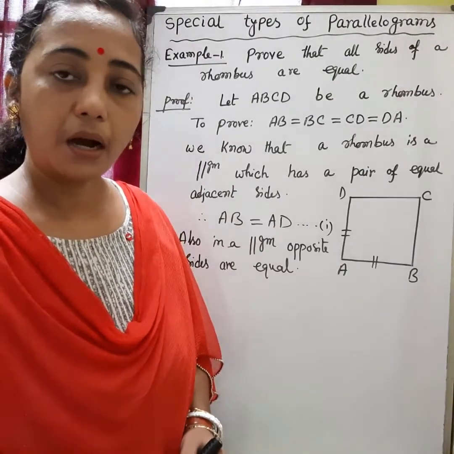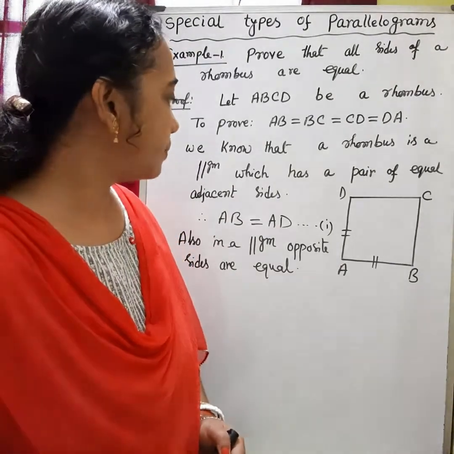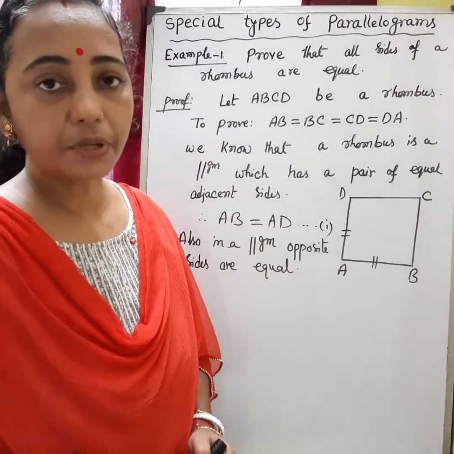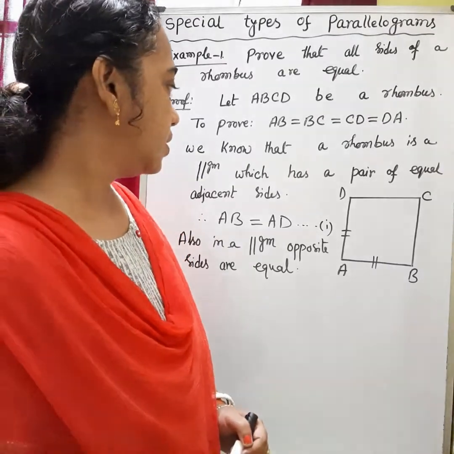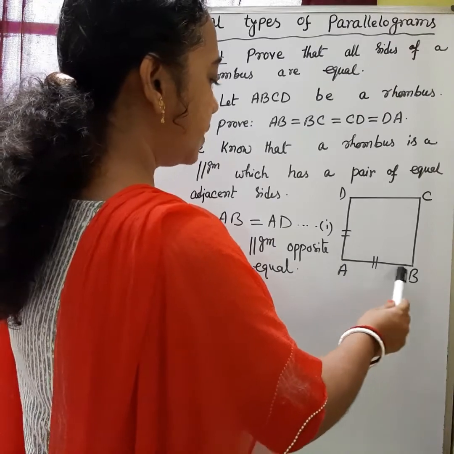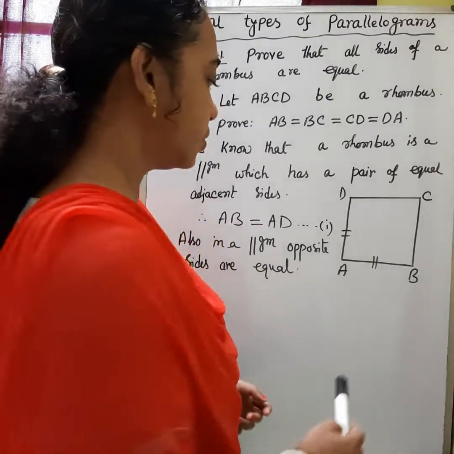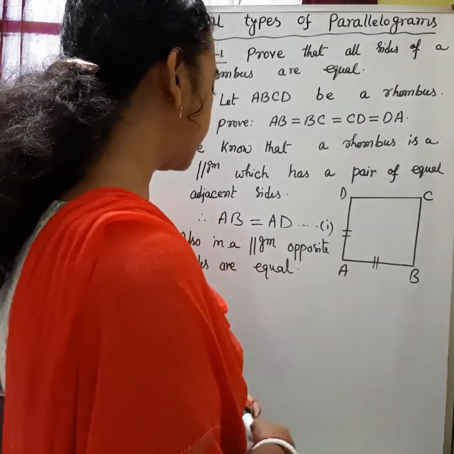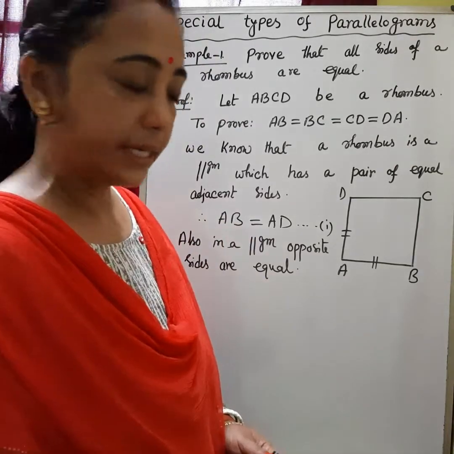We know that a rhombus is a parallelogram which has a pair of equal adjacent sides. So from this definition we can write from the figure that AB and AD are the adjacent sides. So these adjacent sides are equal. Therefore AB equals AD.